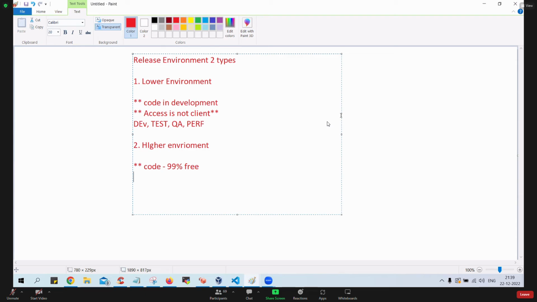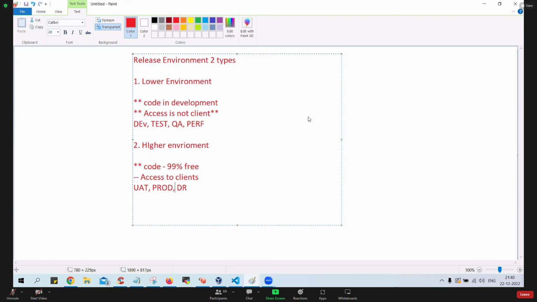This is the area where the clients will have access, and the environments will be UAT, prod, and DR. What is DR? Did you hear a word called DR, guys? In some organizations, this is also called prod 1 and prod 2. So what is the meaning of DR here? The full form of DR is disaster recovery.